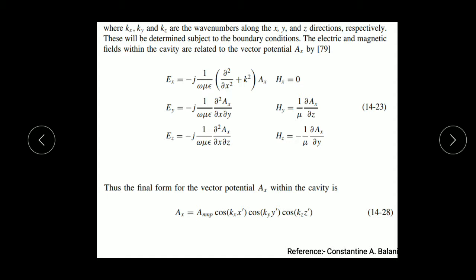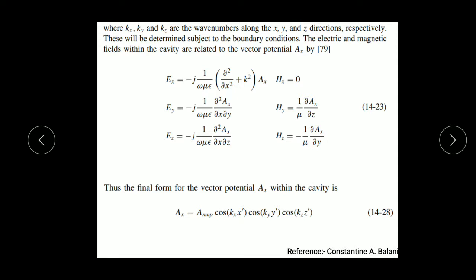The electric and magnetic fields within the cavity are related to the vector potential Ax. So this is the electric field in x, y and z directions, and this is the magnetic field in x, y, and z directions.